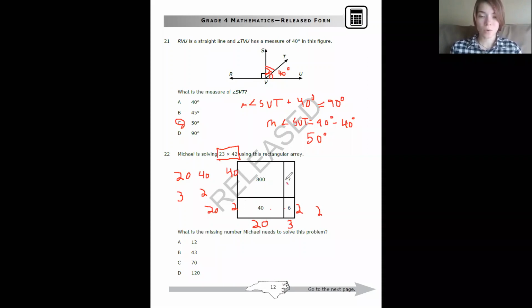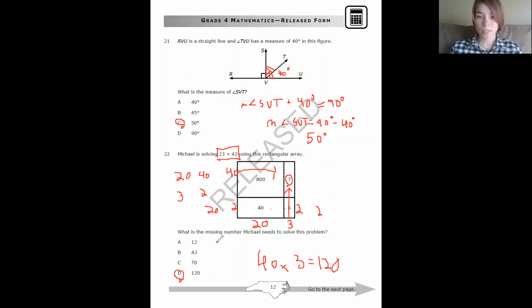That means this question mark has to be equal to 40 times 3. 40 times 3 is 120. So our answer is going to be D, 120.